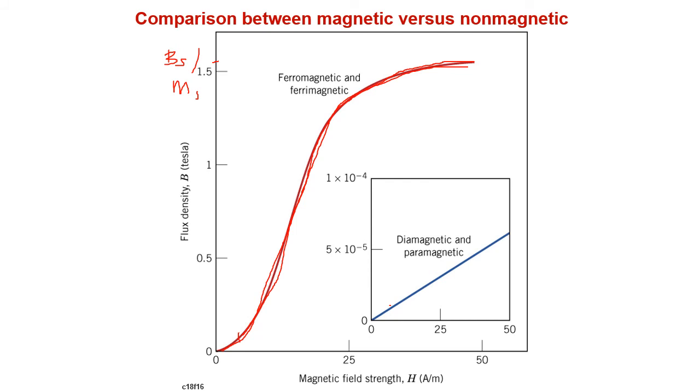So we can say that B is directly proportional to H.